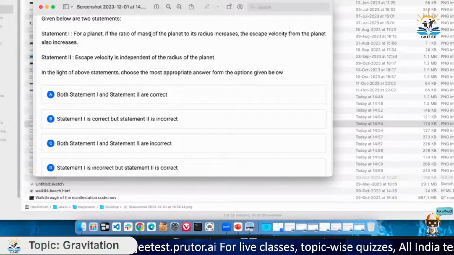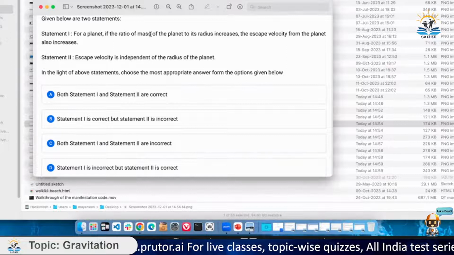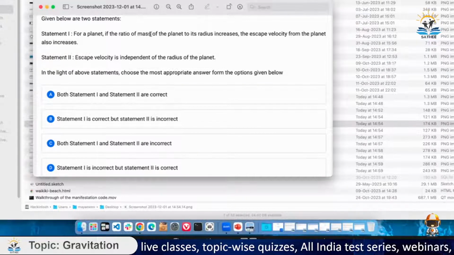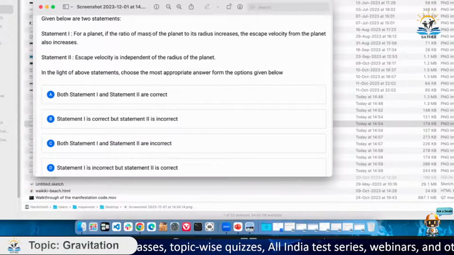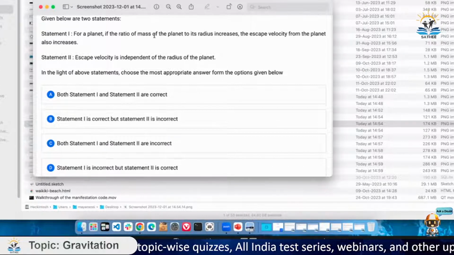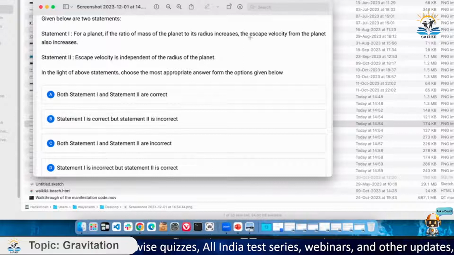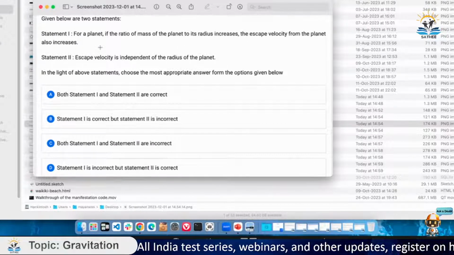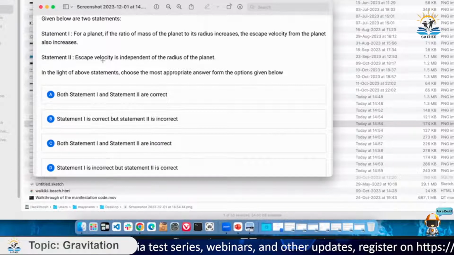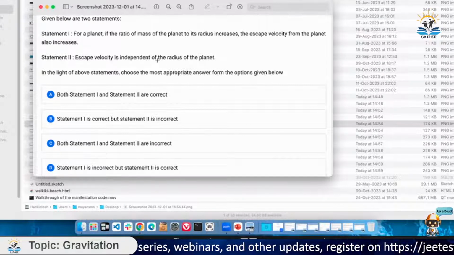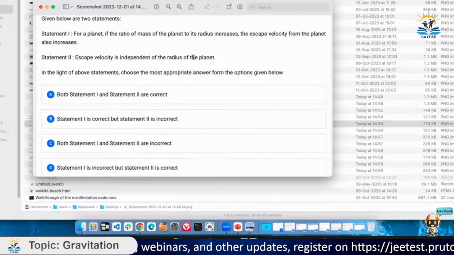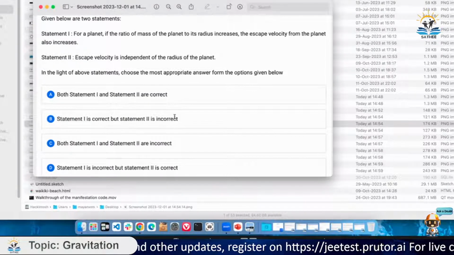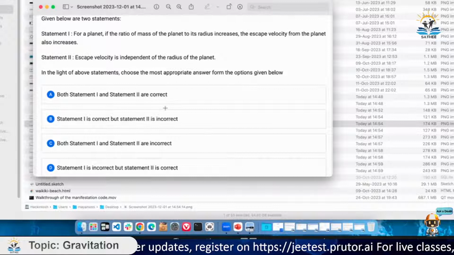Statement 2 says escape velocity is independent of the radius of the planet. We know escape velocity is root 2 G M e upon radius of Earth. We can clearly see that statement 2 is false. So our answer would be B or C.